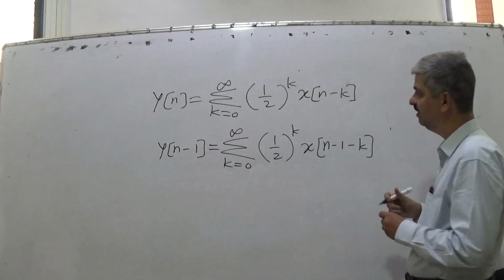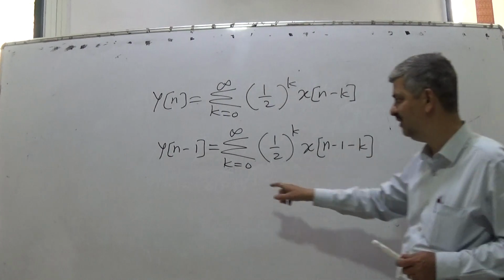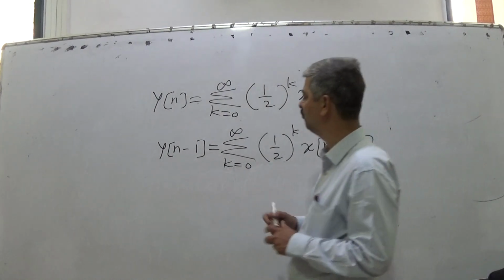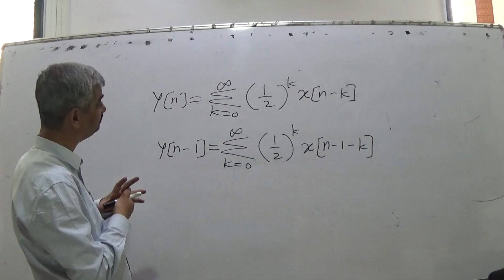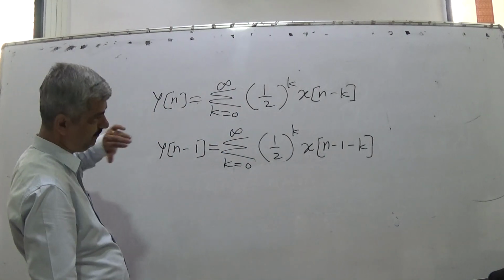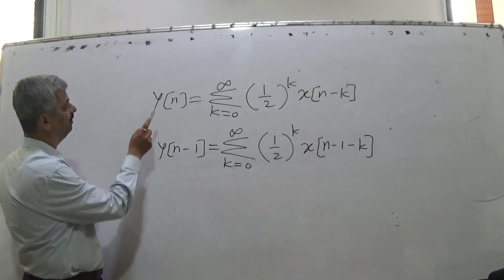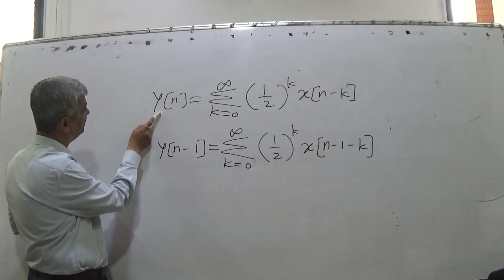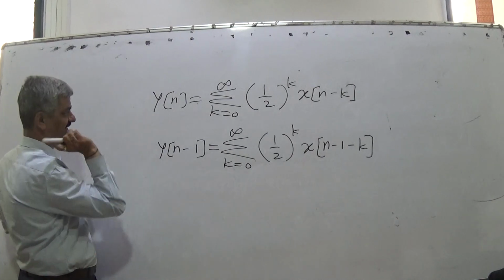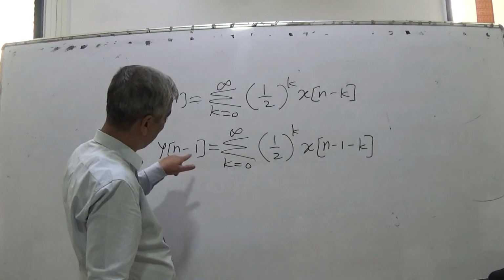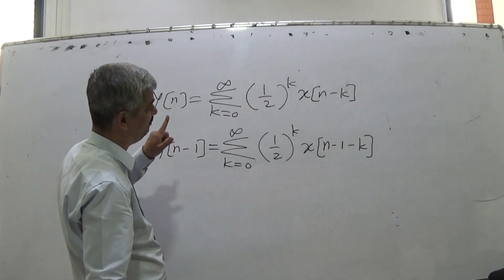For that purpose, for iteration, a previous sample is of use. So we have taken y of n minus 1. Now how do we approach this classically? This Yn includes a term which is not in Yn minus 1, which is xn, because when Yn minus 1 was computed, xn was not available.